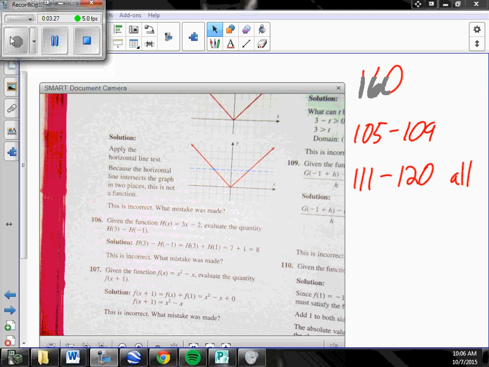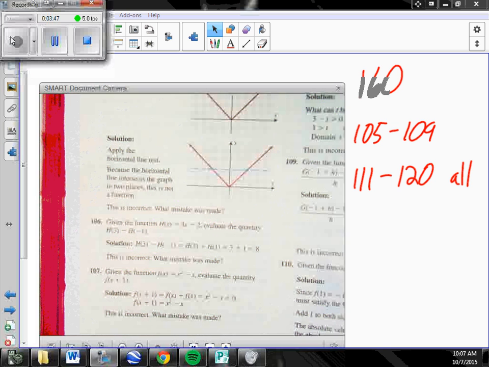So if you type in -1, you get 3 times -1, which is -3 minus 2 is -5. If you type in +1, you don't get the opposite of -5. 3 times 1 is 3 minus 2 is 1. So it just gives you totally different answers by doing that.